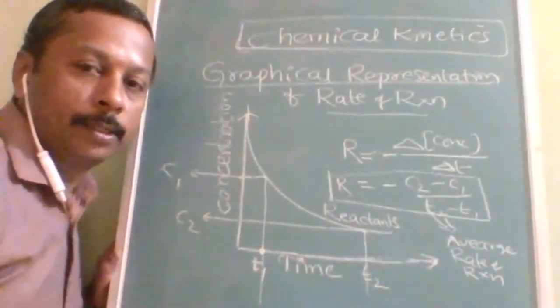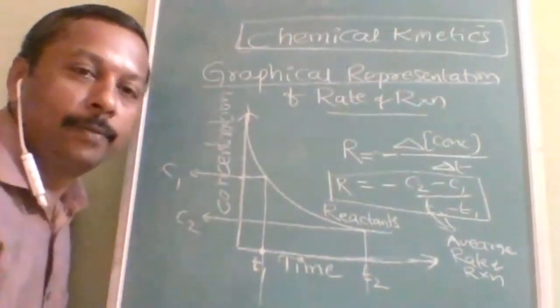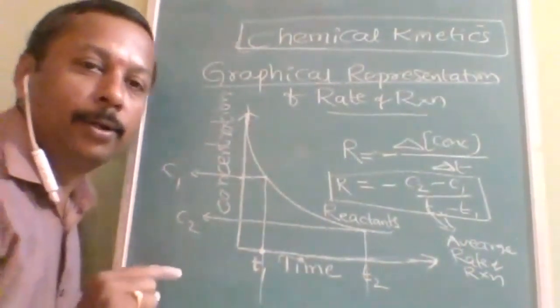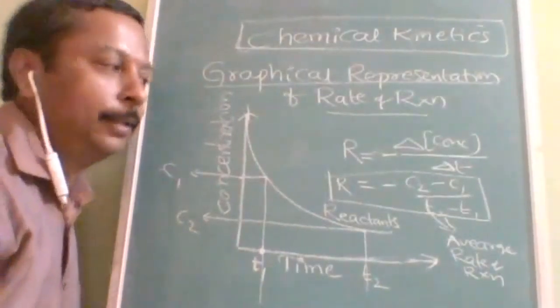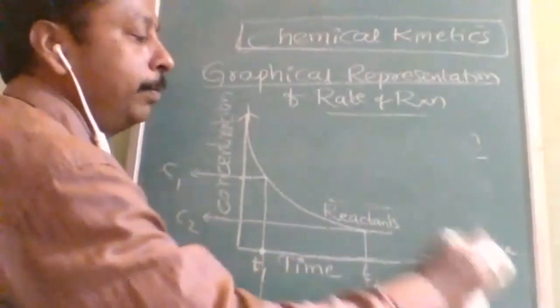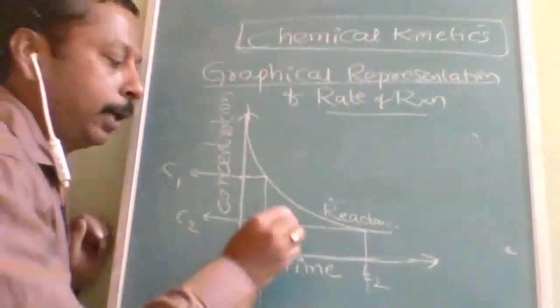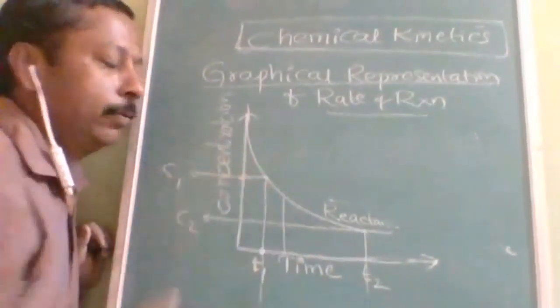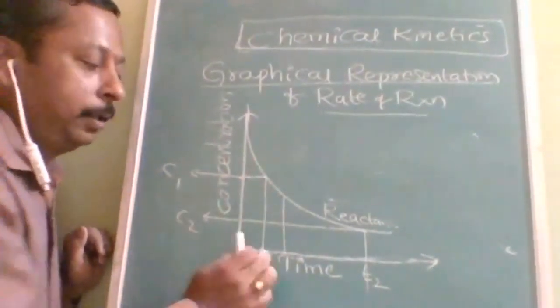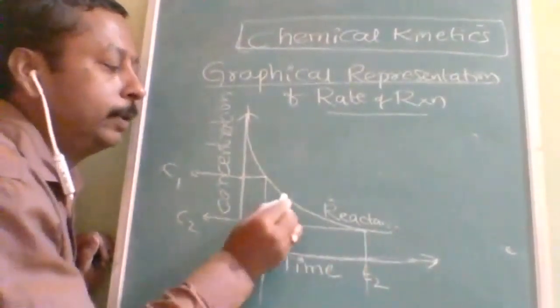No doubt about this. Now some people don't have patience, they want everything instantly. For them also chemistry will serve. They will come and say, right now, at this second, I want the rate of reaction. They can't wait for this much gap. Then we will say, just wait.